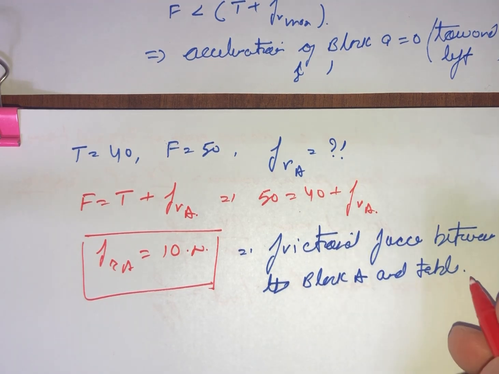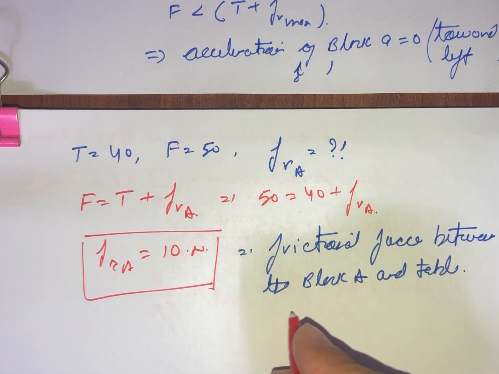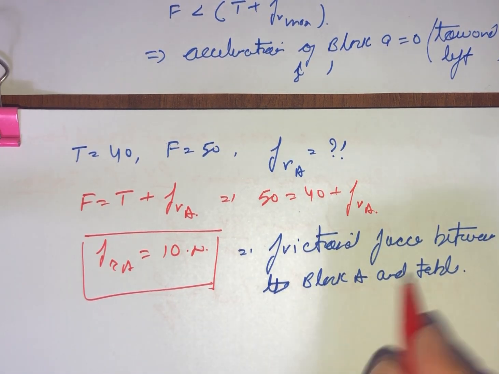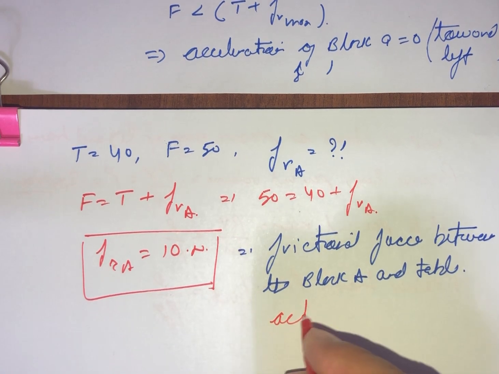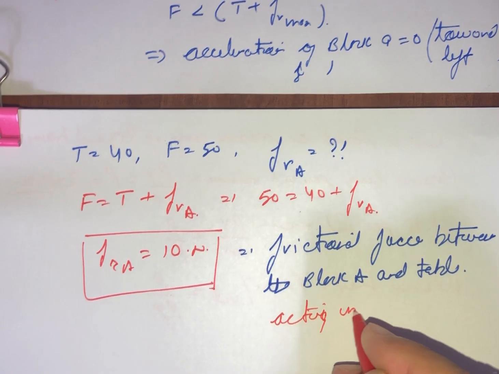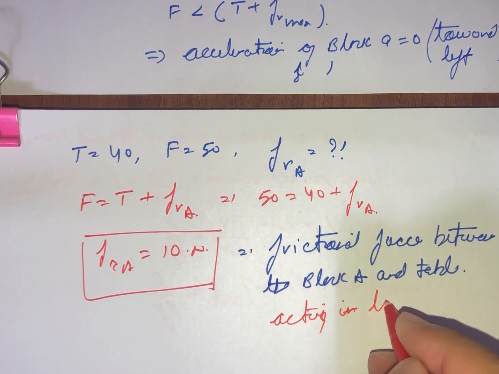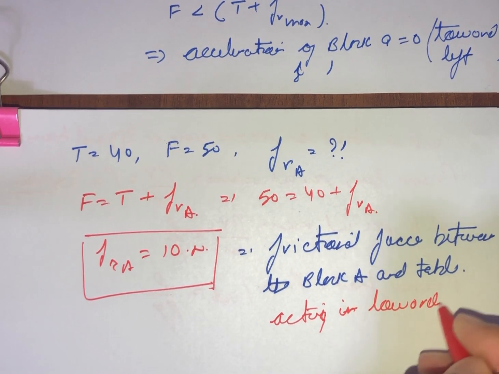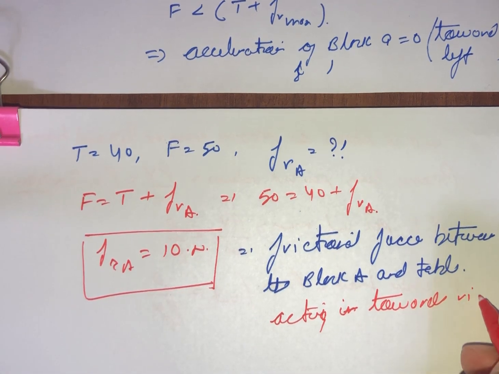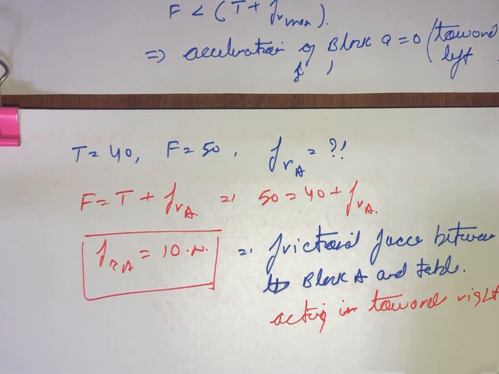So the frictional force between block A and the table is acting towards the right. So this completes the question. Thank you.